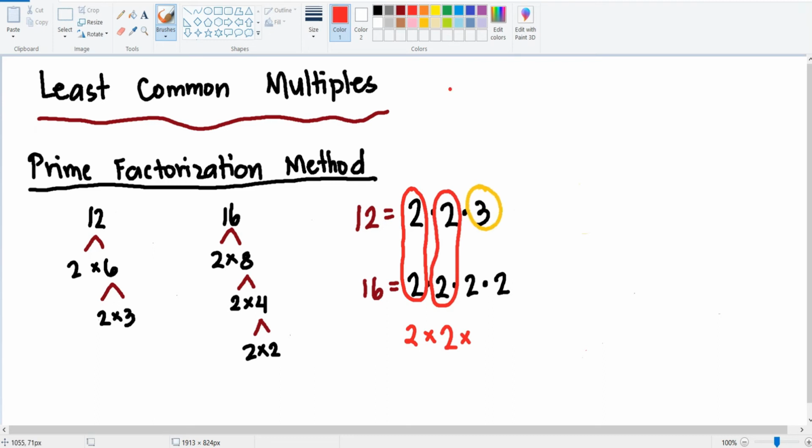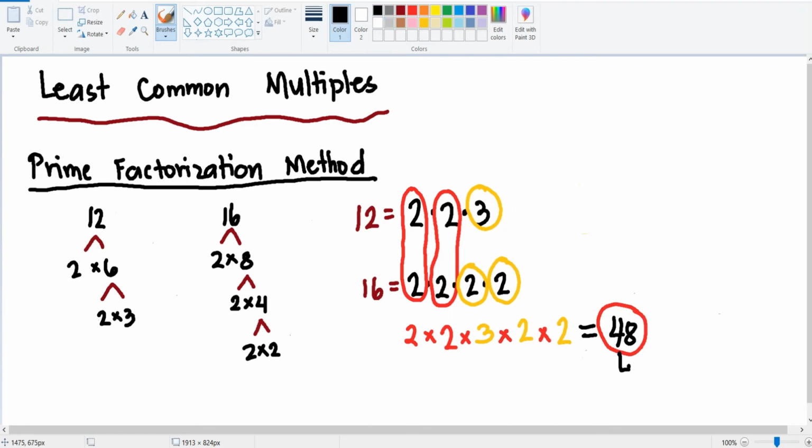We have 3, 2, and another 2. So multiply all the numbers. We have come up with a product of 48. Therefore, 48 will be our least common multiple.